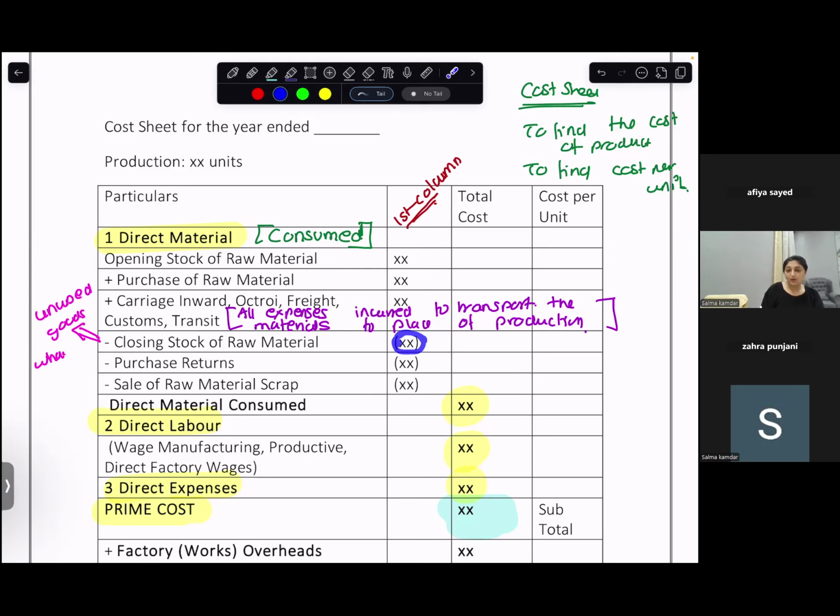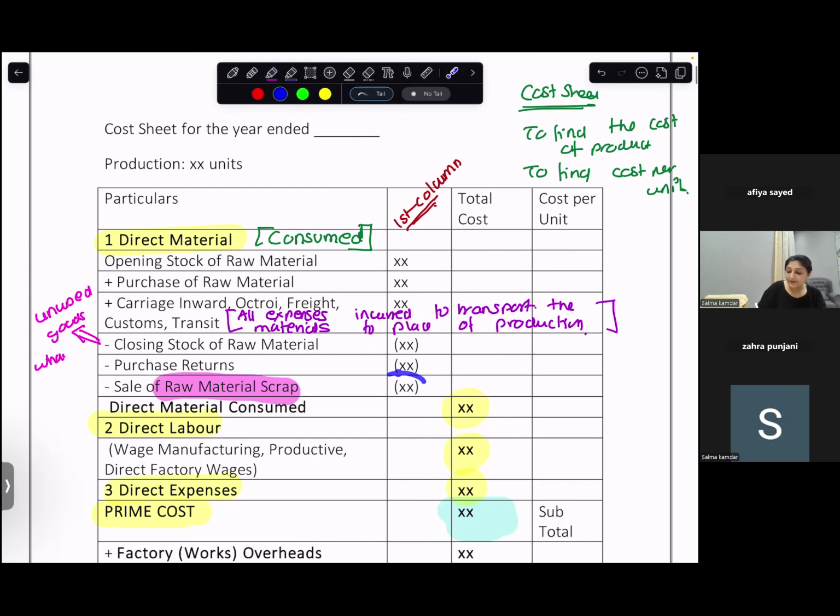Minus closing stock of raw material, minus purchase returns, and in the production process, if you have something left over and on selling that leftover you get some money through the sale of raw material scrap, which word is important? Raw material scrap. Even that would be removed from the cost, because any income generated from selling the scrap is reducing the cost.